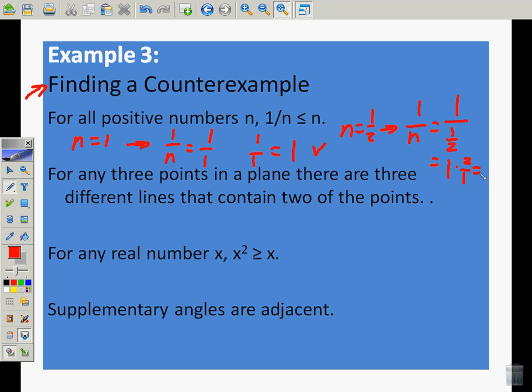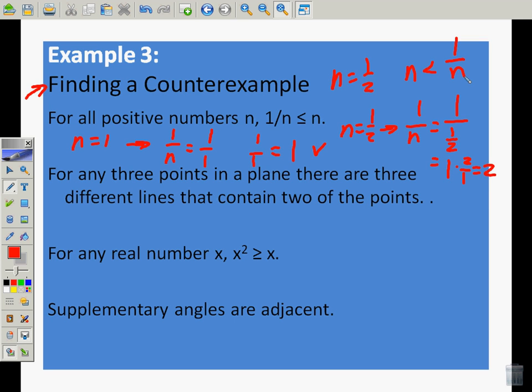Okay? So if n is equal to 1/2, n would be less than 1 over n. So this would be a counterexample, okay?